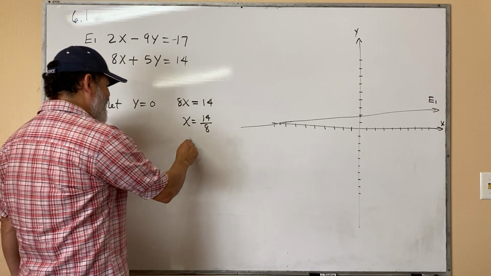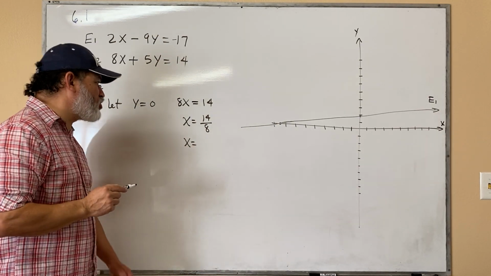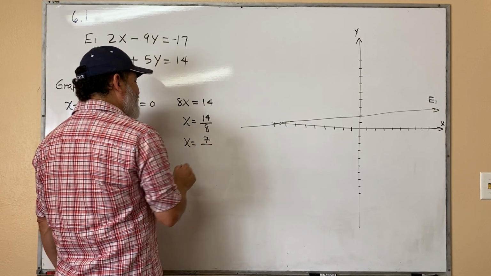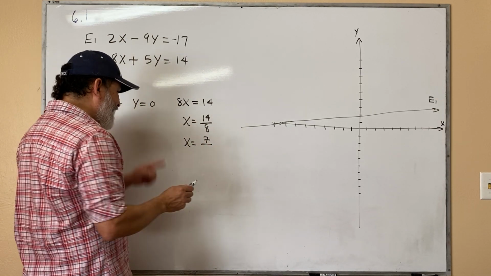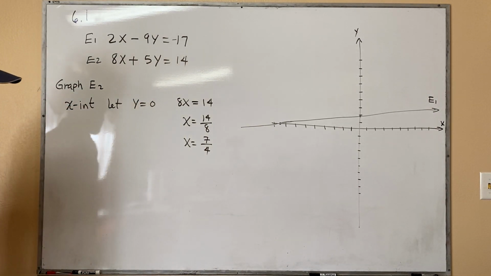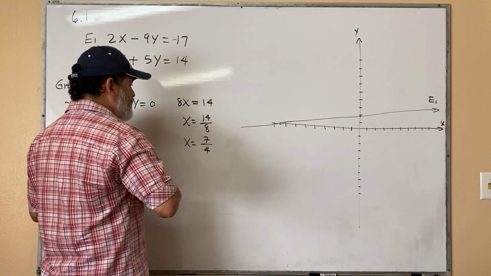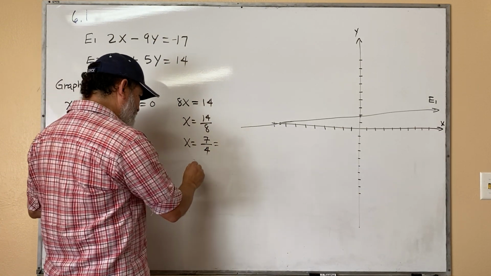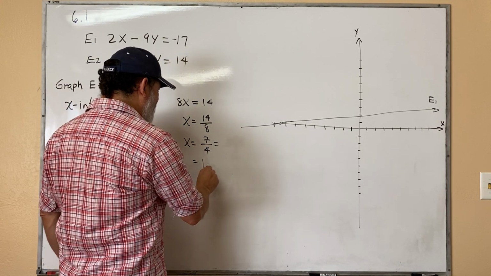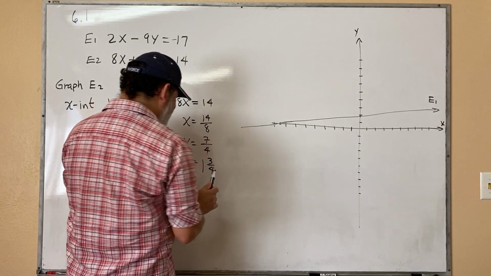Simplify this. x equals what? 2 goes into both. 2 goes into 14 7 times, and 2 goes into 8 4 times. And so therefore, what do we get? 4 into 7, 1 time, 1 3/4. That's what that equals.